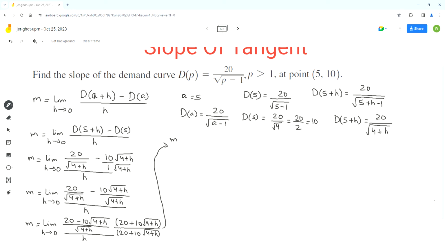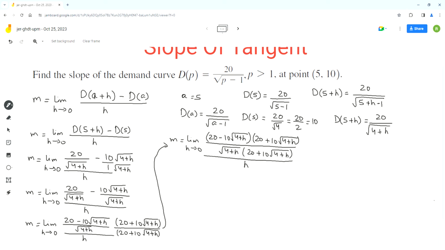So we get m equals limit h approaches 0. So in the numerator we have 20 minus 10 square root of 4 plus h, and then times 20 plus 10 square root of 4 plus h, over square root of 4 plus h, and then times 20 plus 10 square root of 4 plus h, over h.